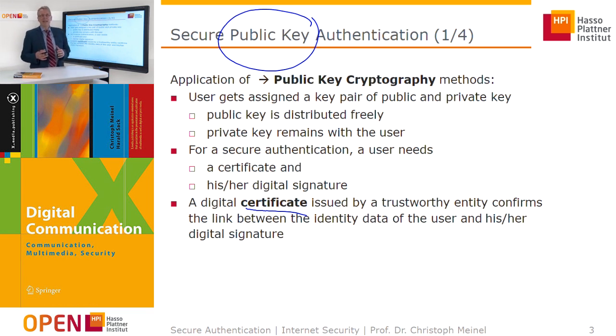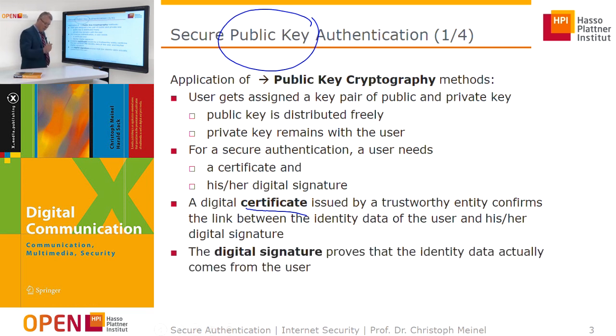Like in the case of an identity card, a government administration gives this. Here we need such a trustworthy entity, for example a trust center, which states that the public key and the user are connected, like in an ID card the photo and the name are connected to the person.